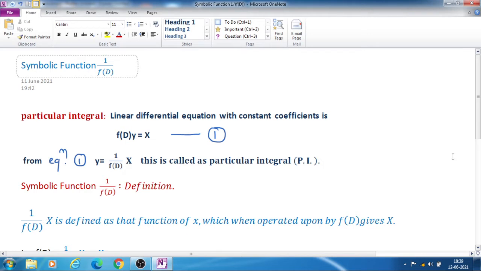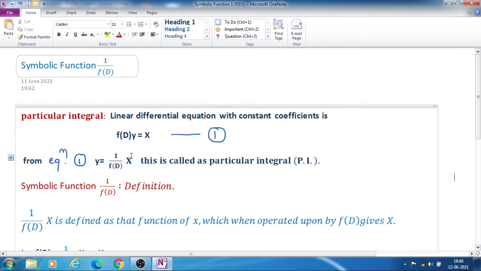Now in this lecture we see, for the particular integral, what is meant by 1 upon f(D) or 1 upon D. Our linear differential equation with constant coefficients is f(D)y = X, where f(D) is D^n y + p1 D^(n-1) y + ... + pn y.